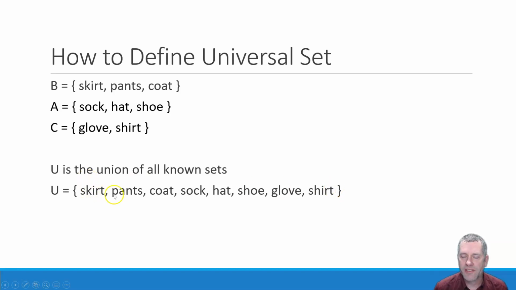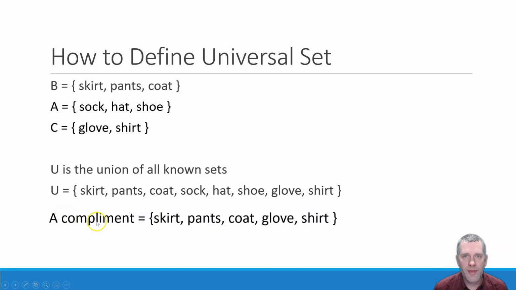I'm going to get skirt, pants, coat, sock, hat, shoe, glove, shirt from these lists. And then I can do A complement, like we've done before. That's going to exclude anything that's in the list for A and return everything else. So skirt, pants, coat, glove, and shirt.